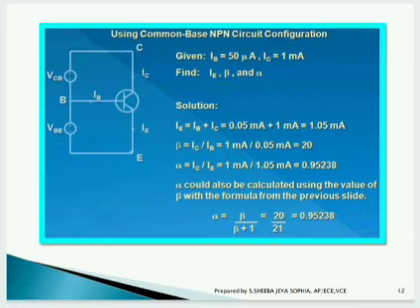Corresponding to beta also, we know the formula IC divided by IB. Substituting, we will get the value as 20, and alpha is equal to IC divided by IE, which is obtained as 0.95238. So alpha could also be calculated by using another formula of beta divided by beta plus 1, which is also the same answer. This is one of the basic and frequently asked 2-mark questions from this configuration.